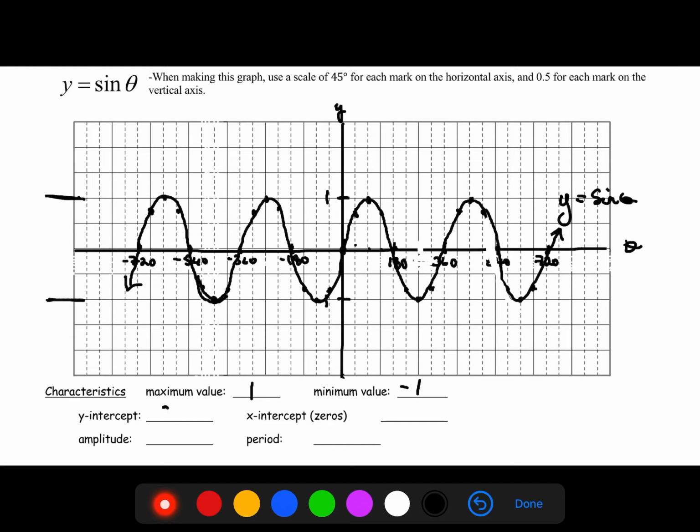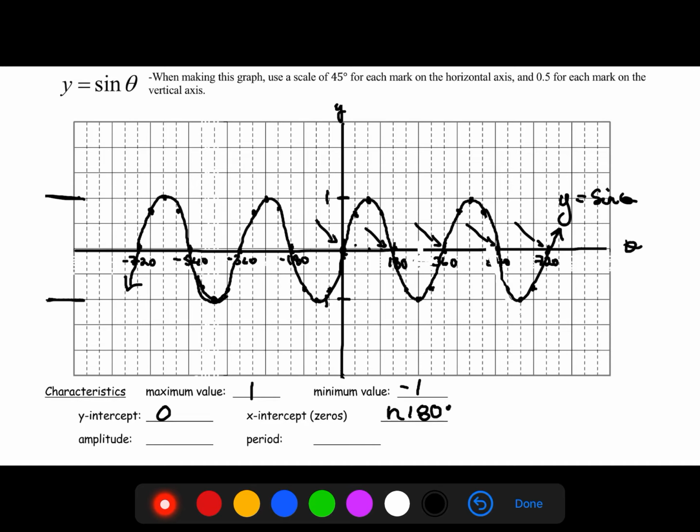Looking at our y-intercept, we have a y-intercept of 0. Now for our x-intercepts or our zeros, where it's crossing the x-axis, where y is equal to 0, we know that it happens every 180 degrees. So at 0, 180, 360, 540, 720. So we can write this as n times 180.